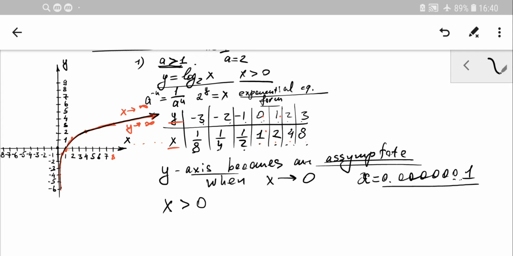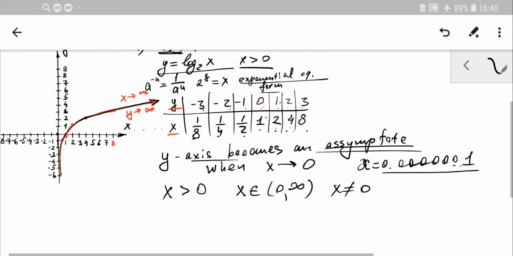So x is more than 0, simply to say x ranges from 0 to infinity. x can never take the value 0. It might be very close, but it's not 0.